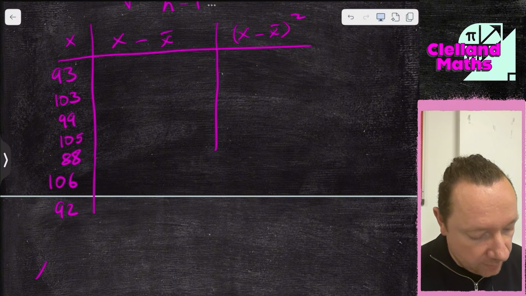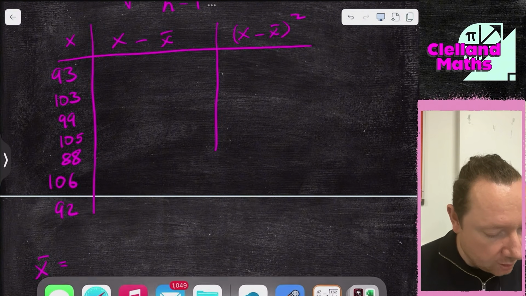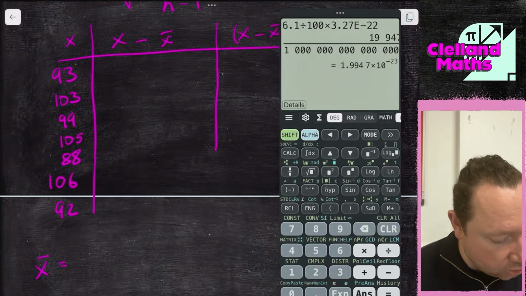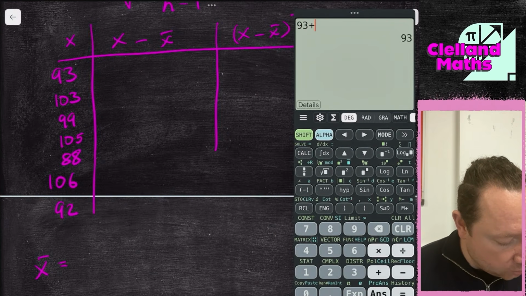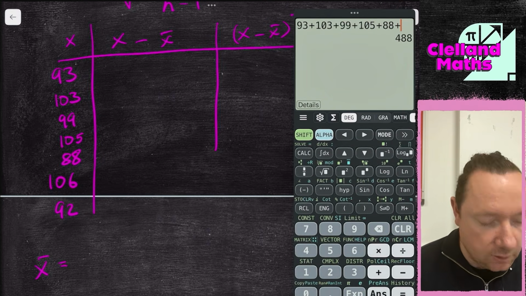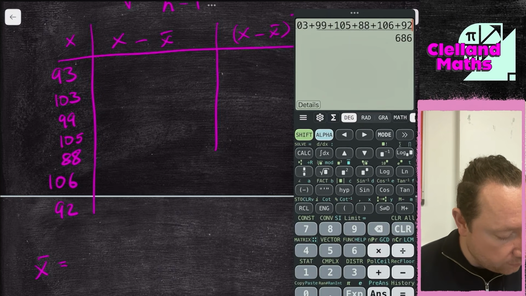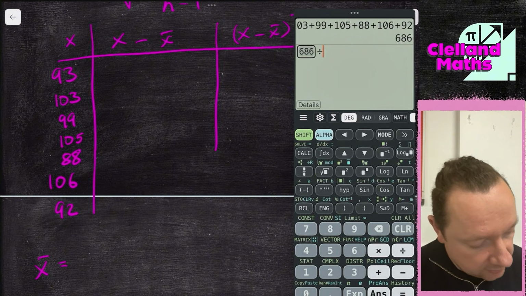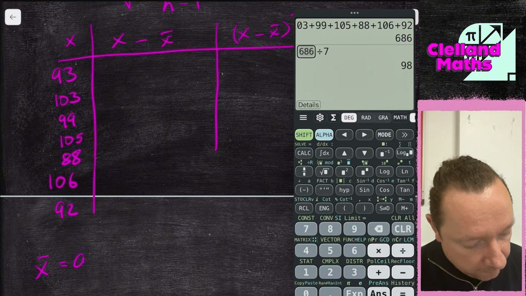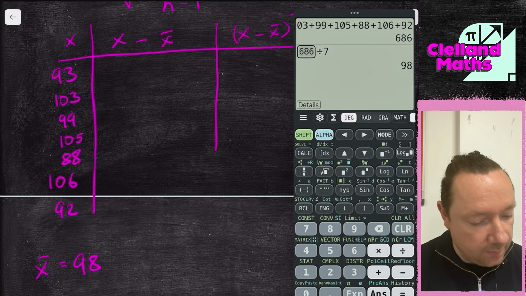So the x bar is the mean, so I add all my numbers up in a calculator as usual. 93 plus 103 plus 99 plus 105 plus 88 plus 106 plus 92, and divide by how many numbers there are. 1, 2, 3, 4, 5, 6, 7. 98. So I'll take away 98 from each of the numbers in the middle.